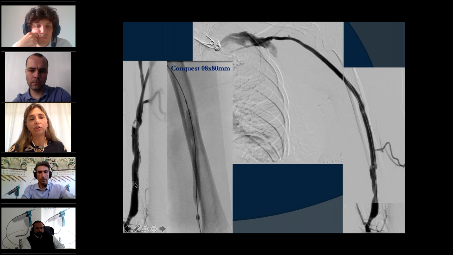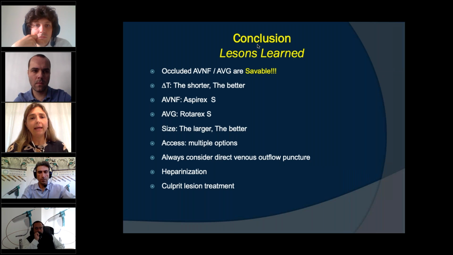This is the 8 French sheath, and we are able to treat those lesions with thrombectomy of this small clotted area, and then the final result of the whole outflow tract until the cephalic arch, with a good result.